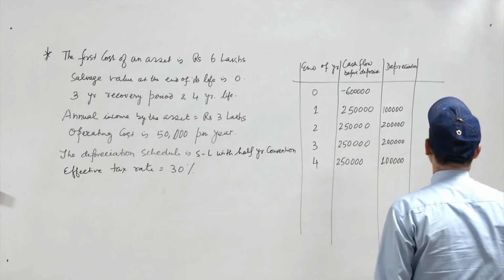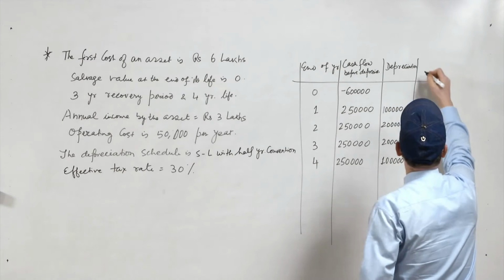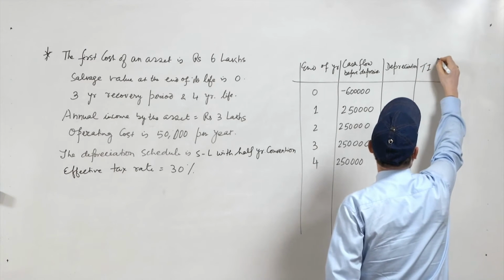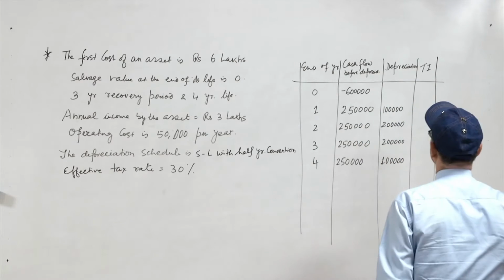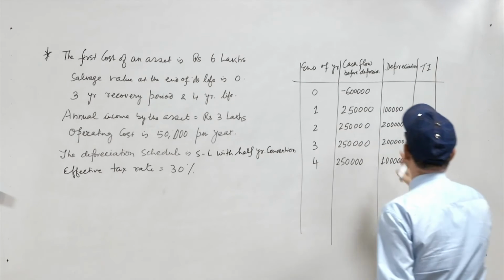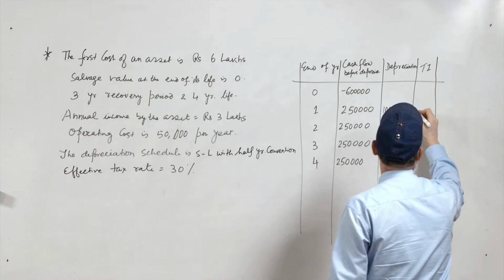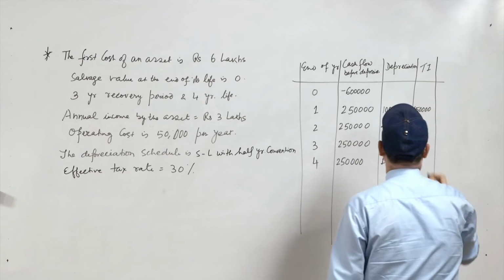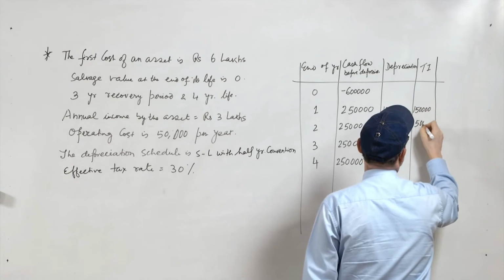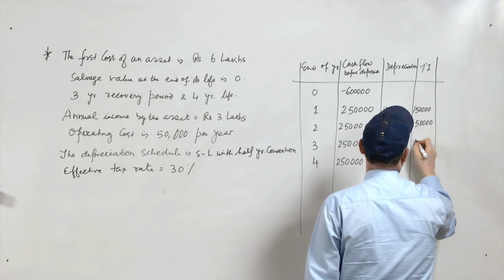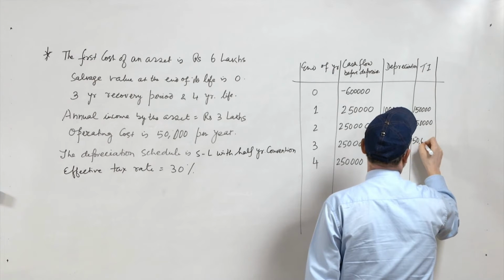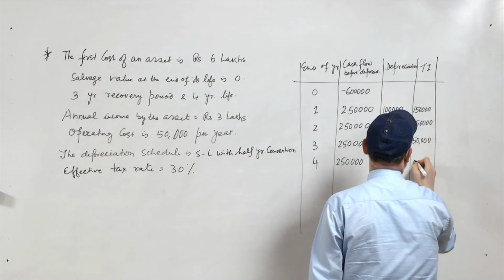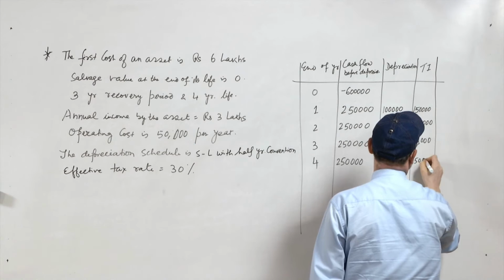Now you will have the taxable income, which is income minus depreciation. So this will be 1,50,000, then 50,000, 50,000, and again 1,50,000.